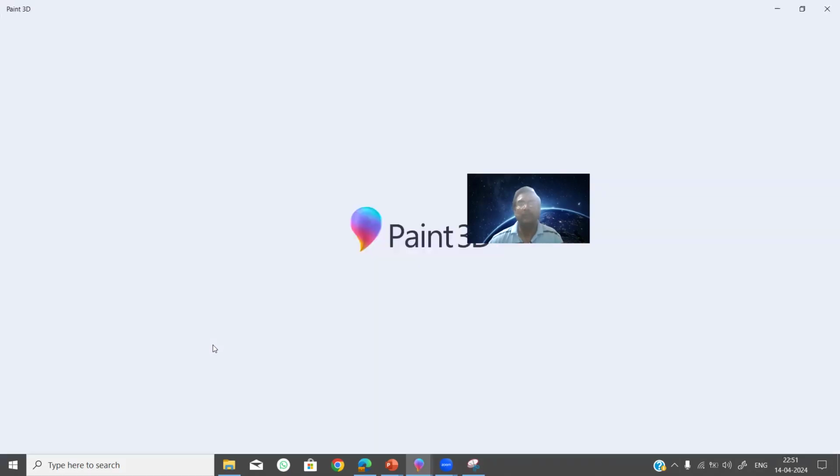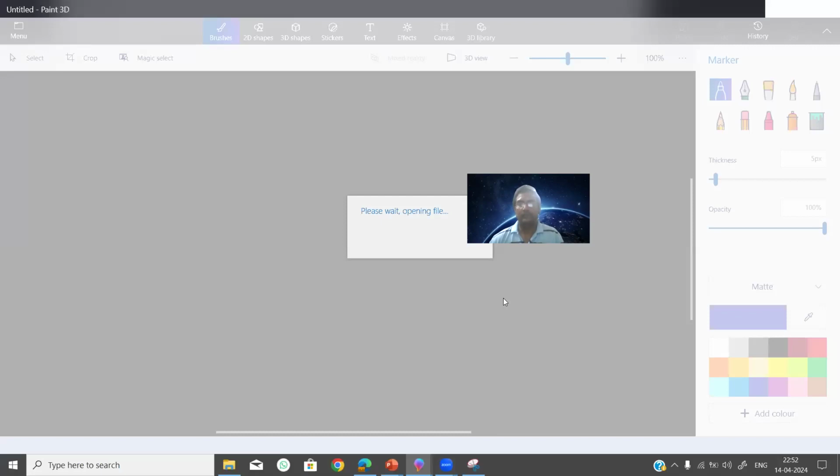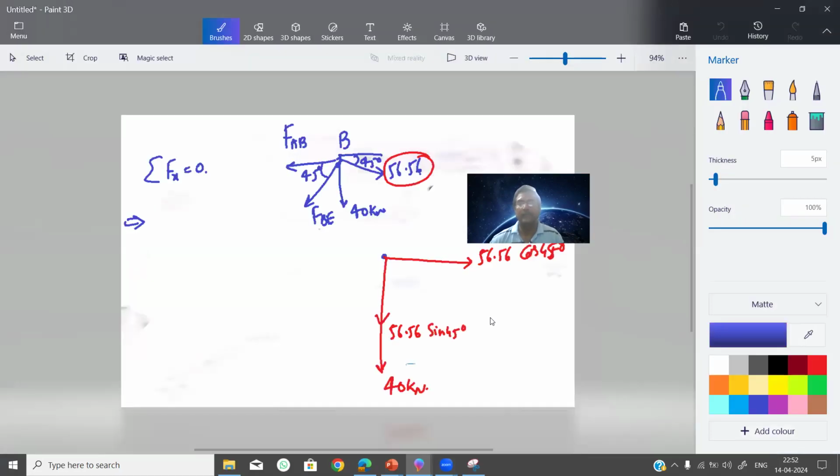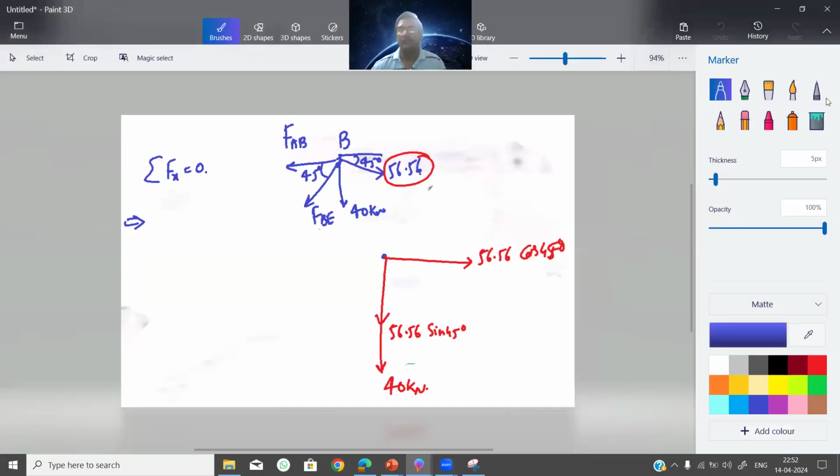Okay, I will open again in Paint 3D. Right. Okay. Now it is. Okay.